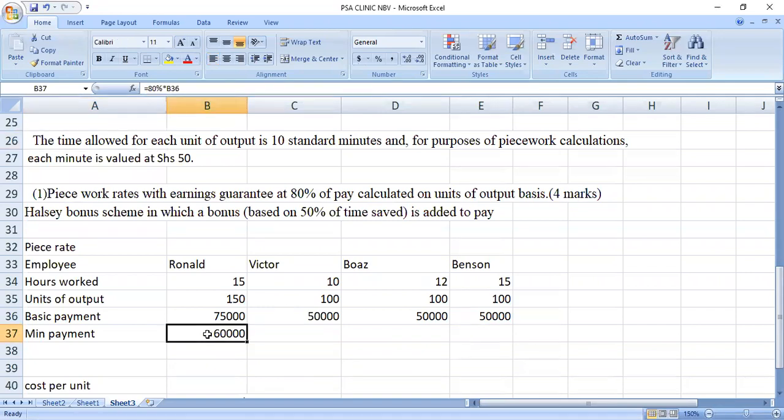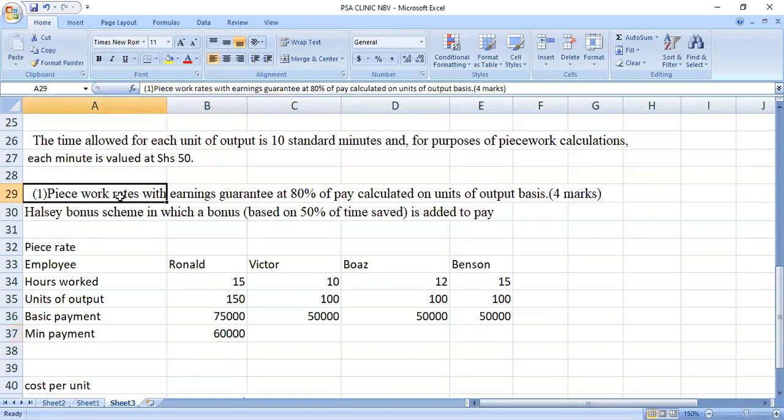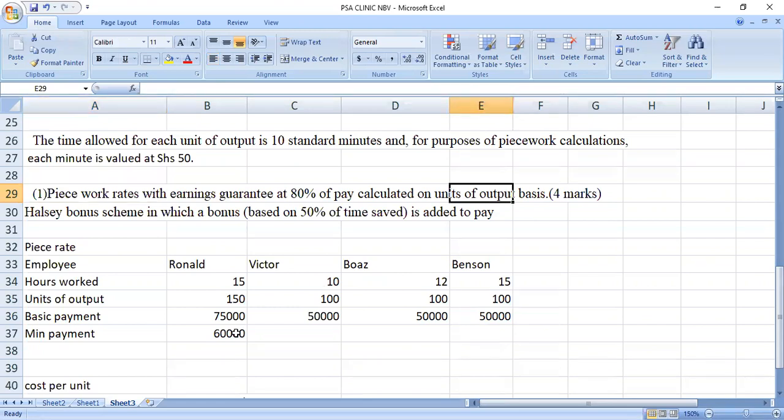Right? So this takes me to the other thing. The statement is really clear, saying that the piece work rate, with earnings guarantee of 80% of pay calculated on units of output. So I think this one is clear. I don't have to do much here. It's supposed to be 80% of this, but it doesn't apply.